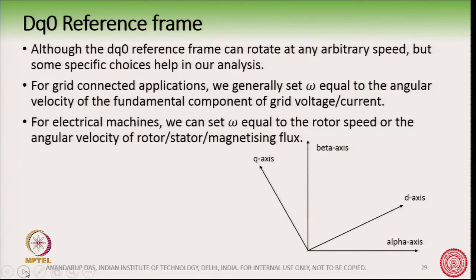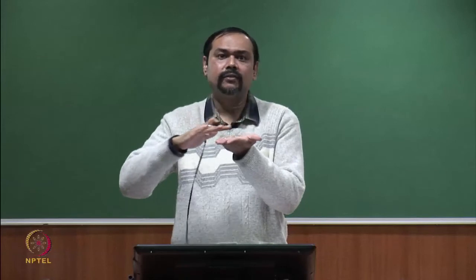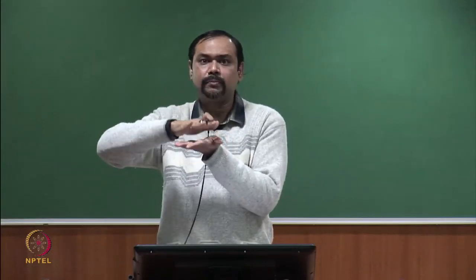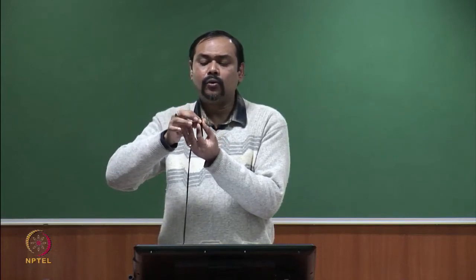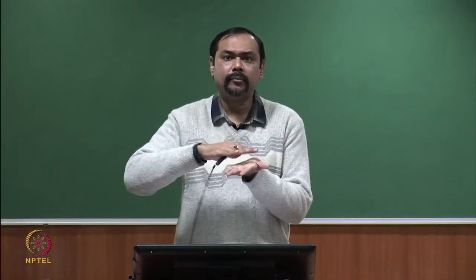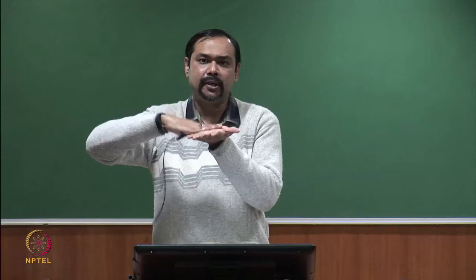Although this is the dq0 reference frame, how do you visualize it? This is the alpha beta 0 plane and the dq plane is on this same plane. So, we can superimpose the dq0 plane here, but the whole dq system is actually rotating. The whole dq0 reference frame is rotating and we are observing the space vector, whereas the alpha beta reference frame is stationary on this plane.